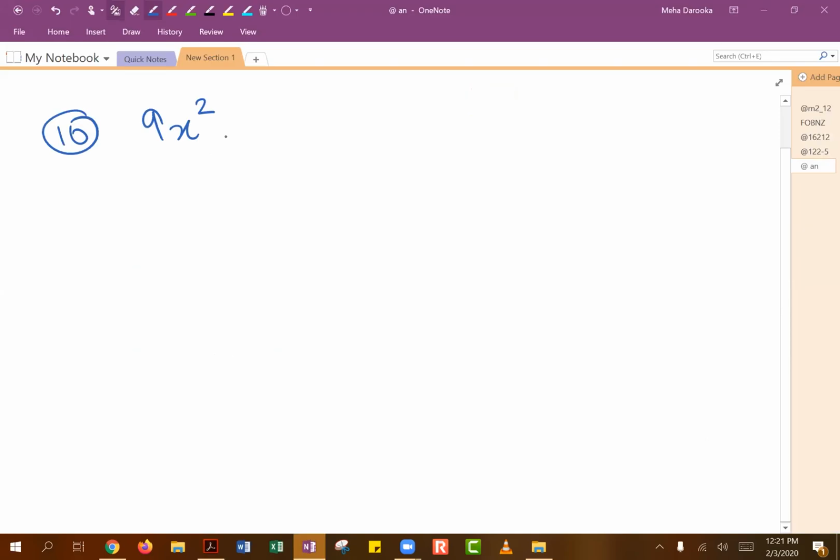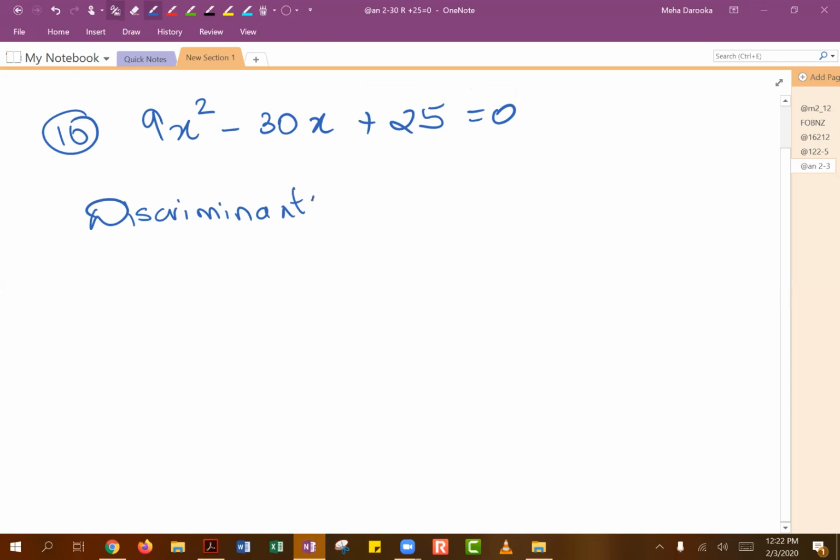Minus 30x plus 25. So just the discriminant, which is b squared minus 4ac. You're not doing the entire equation. So b squared minus 4ac. What's our b term?